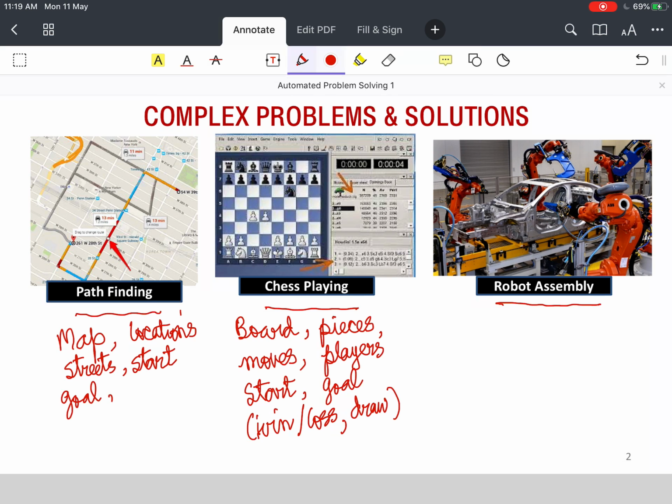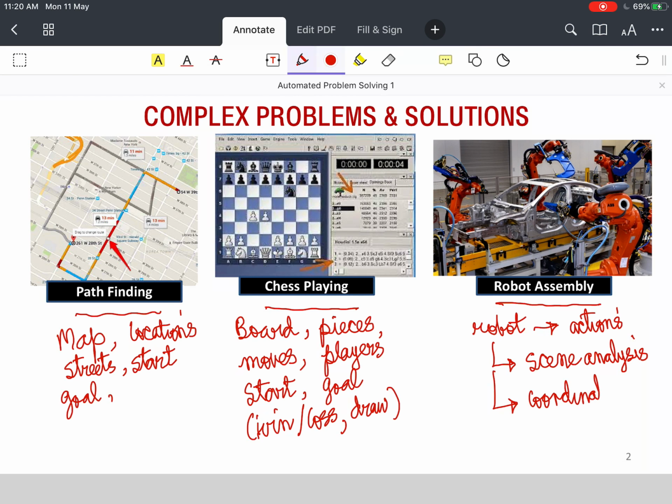Now, if we look at a program which is trying to write this, we will notice that such a program can be written, but in this program every robo will have its own actions. Each robo will see the whole scene analysis and then perform a coordinated series of actions.